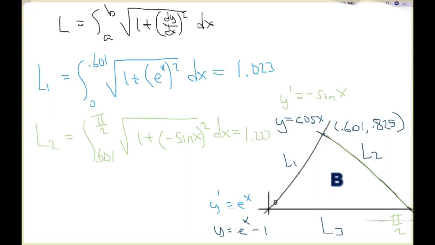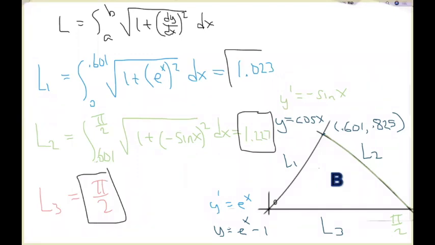And let's see, L3 is pi over 2. It's 1.7 something. So anyway, in order to get your answer, you want to add this plus that, and you're going to have your perimeter.